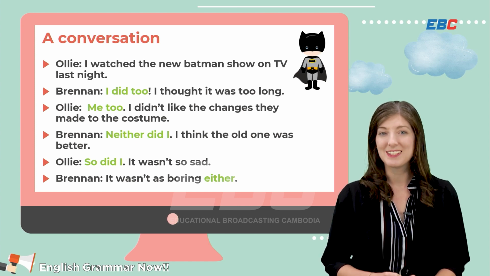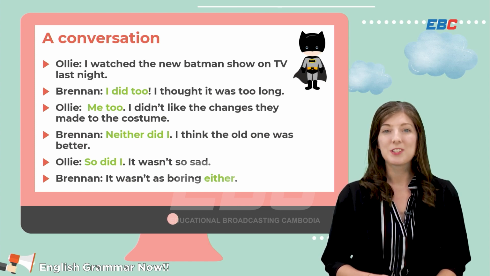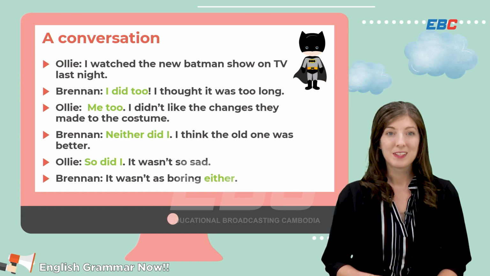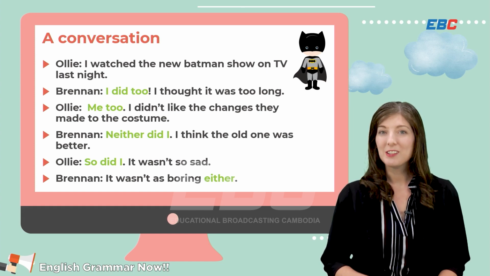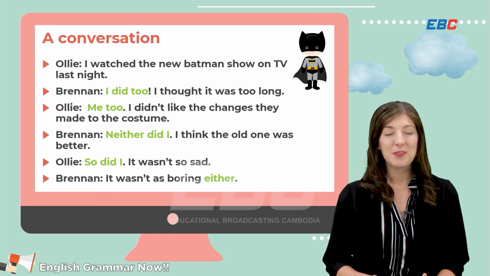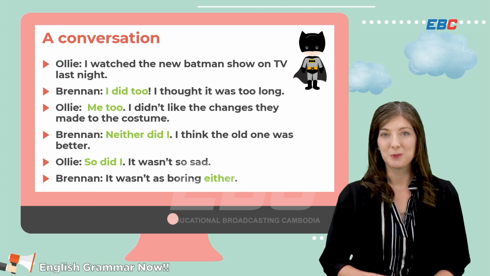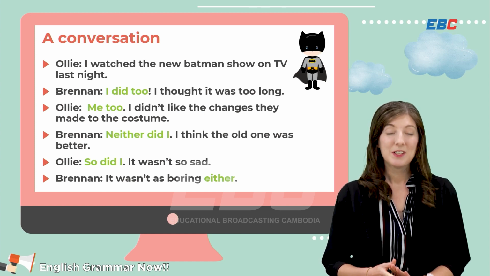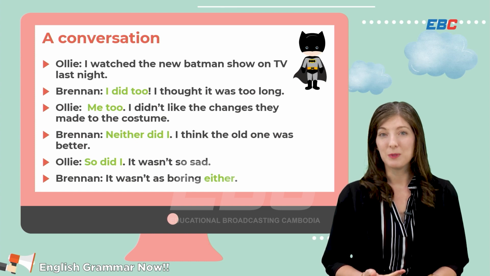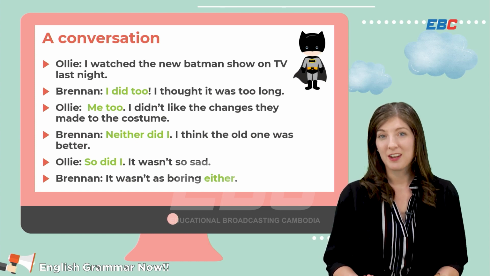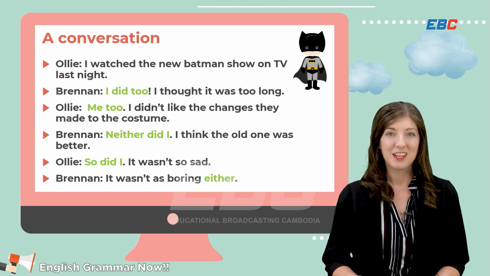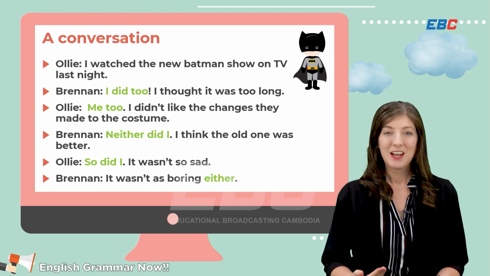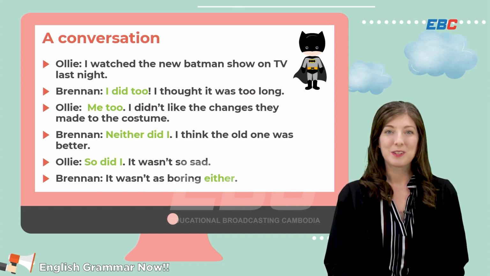It comes in the sentence, I thought it was too long. Be careful, although it looks the same, this is not the same meaning of the word too. In this case, too put together with an adjective means it was longer than I wanted, or longer than it should be.